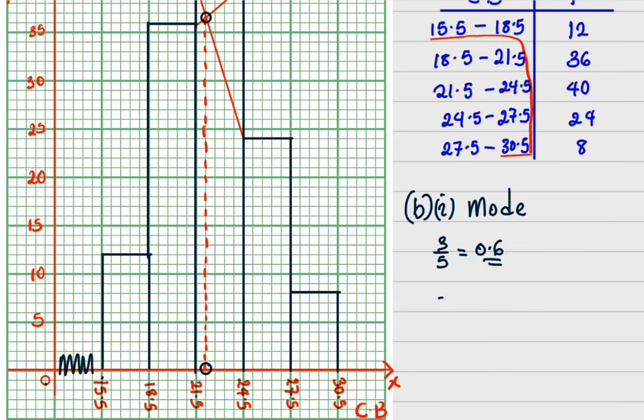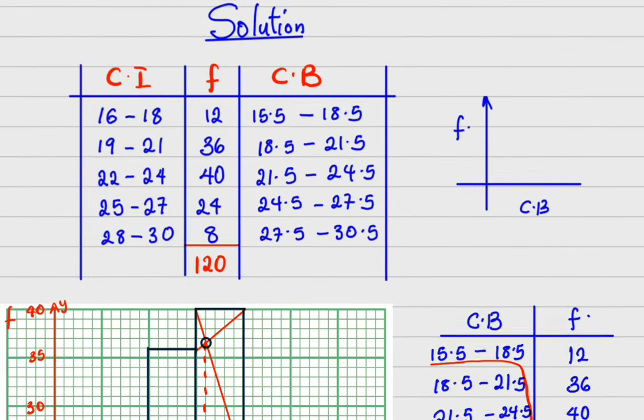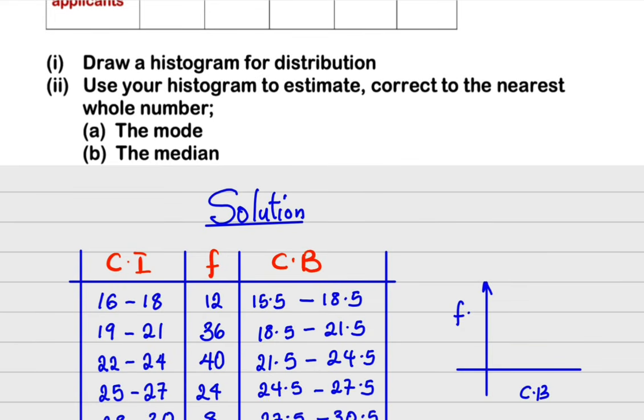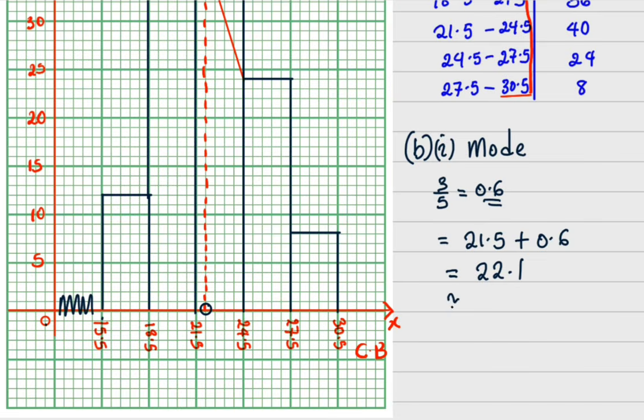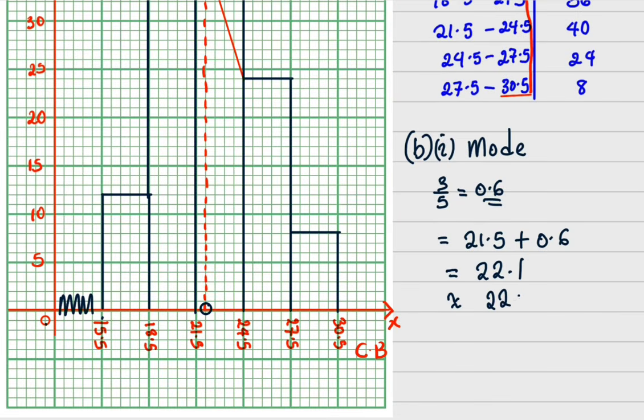So for me to get the mode now, I have 21.5 plus 0.6, which will now give me 22.1. But from the question, we are told that we should give our answer correct to the nearest whole number. So what I'm going to do here now is to approximate, and this gives me 22 years. So that is my mode. So that is how to find the mode.